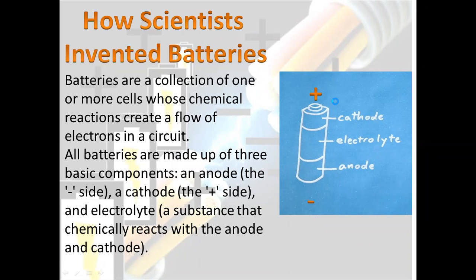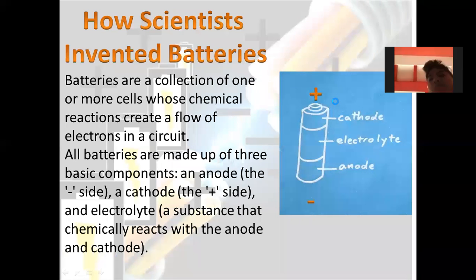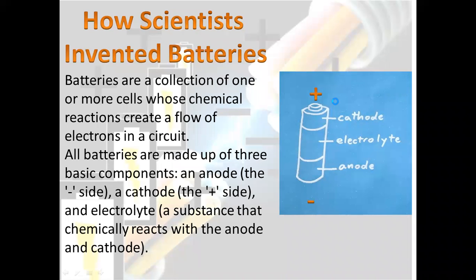How scientists invented batteries. Batteries are a collection of one or more cells whose chemical reaction creates a flow of electrons in a circuit.